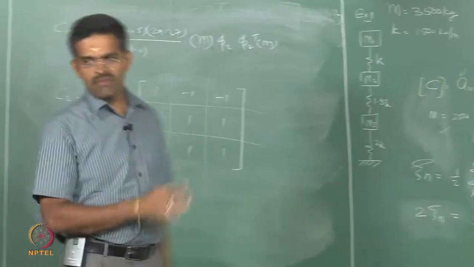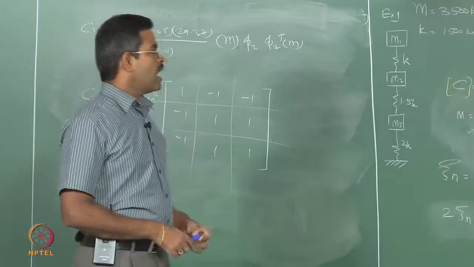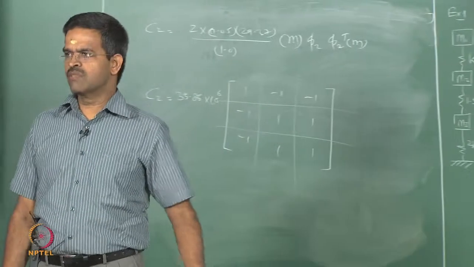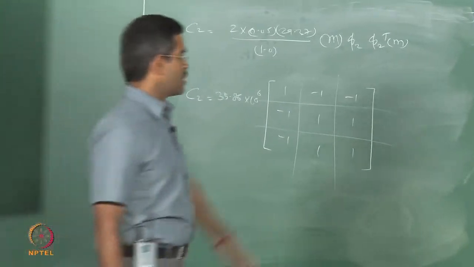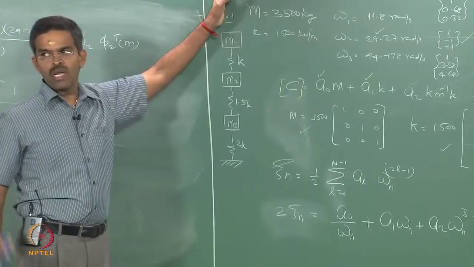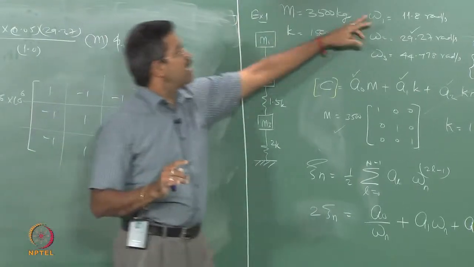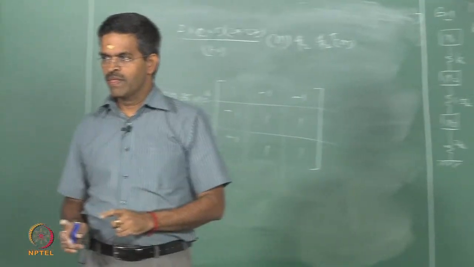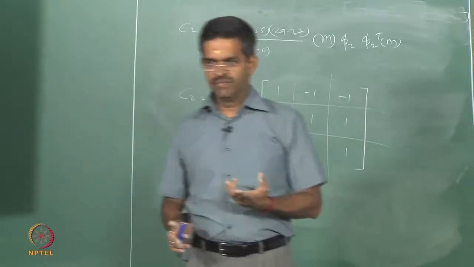Now, as we all understand from these lectures, higher modes need truncation, there is no need to consider all the modes. If there are n degrees of freedom, you are actually not required to work out omega n's and phi n's, it is foolish, you do not require them. Okay, it is not required.